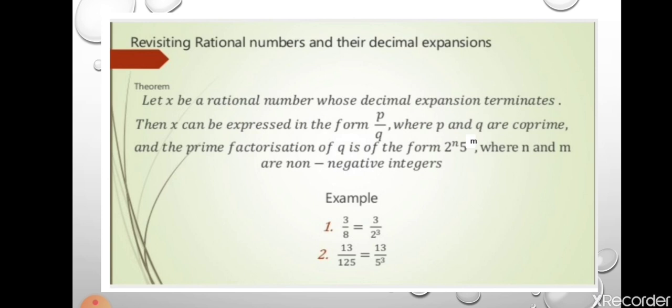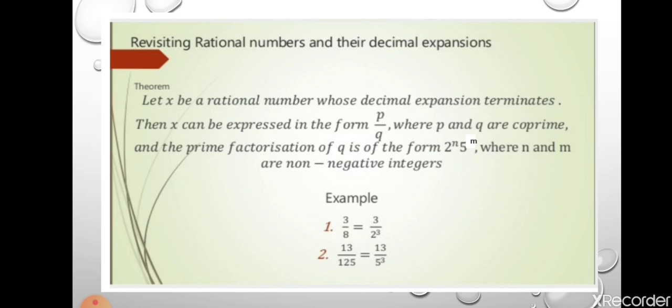These are two important observations of this concept. If the denominator is converted into this form, the given rational number is terminating. But if the denominator is not of this form, then the given rational number is non-terminating and repeating.